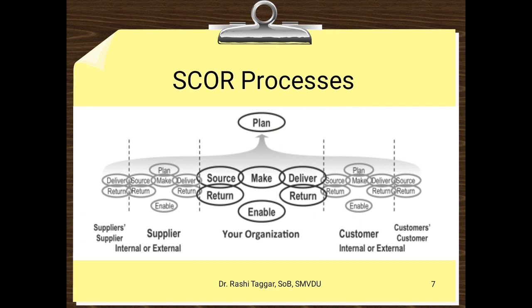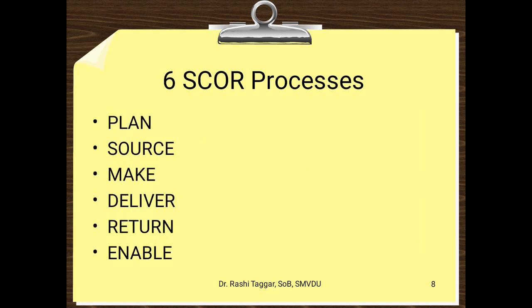These 6 processes keep on repeating in the whole supply chain system. Plan is associated with developing course of actions to balance the demand and supply. Source includes processes of procurement system to meet demand.